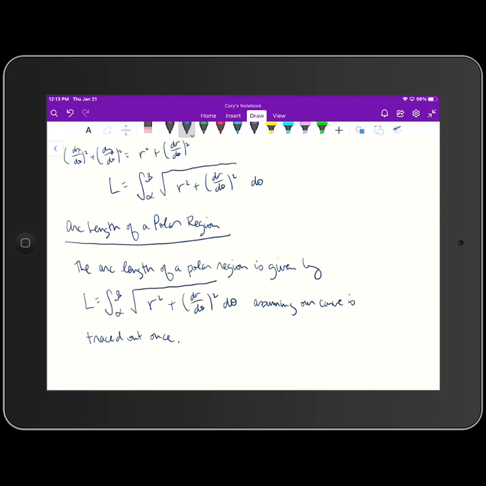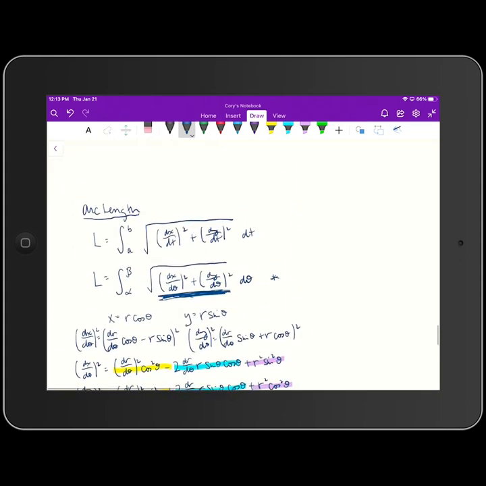If your curve gets traced out more than once, again, you're going to have to adjust your limits of integration to reflect that the curve is being traced out once. Just to review this from arc length for parametrically defined curves, this formula gives us the arc length provided that the curve is traced out once.